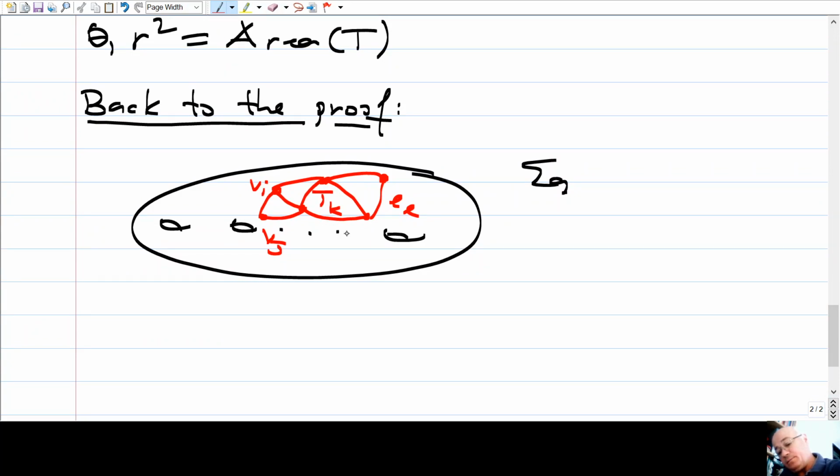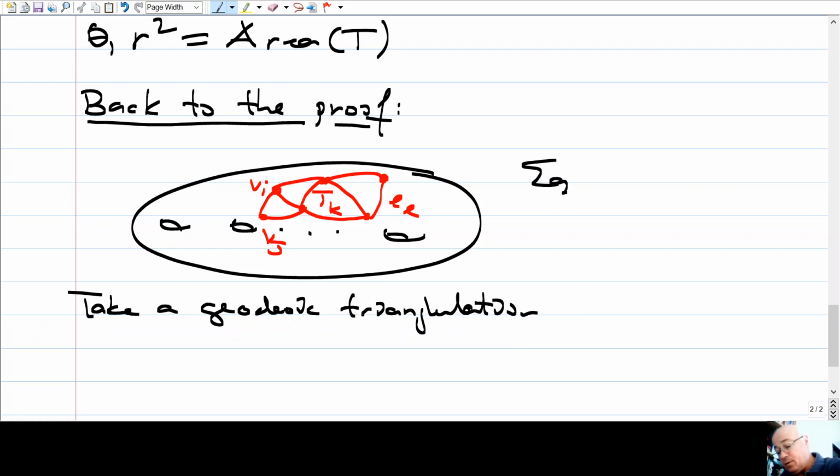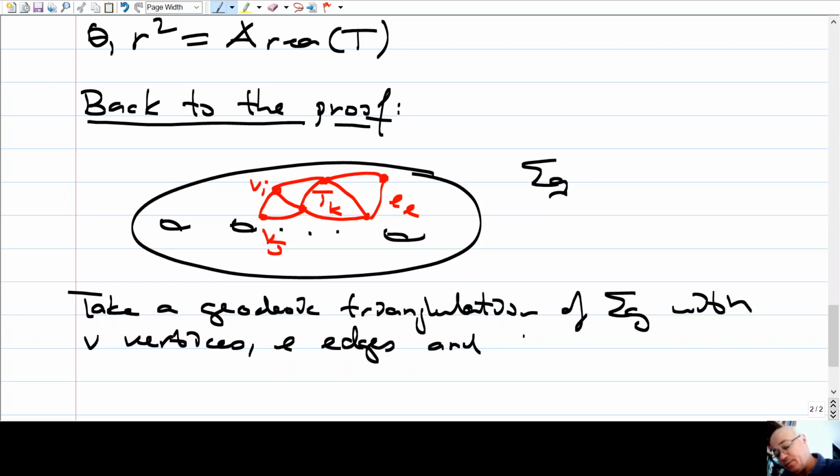All right. Now, take a geodesic triangulation of sigma g with v vertices, e edges, and f faces.